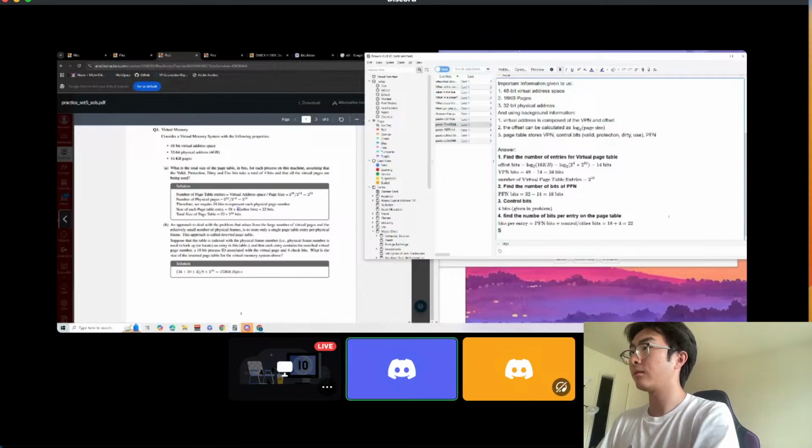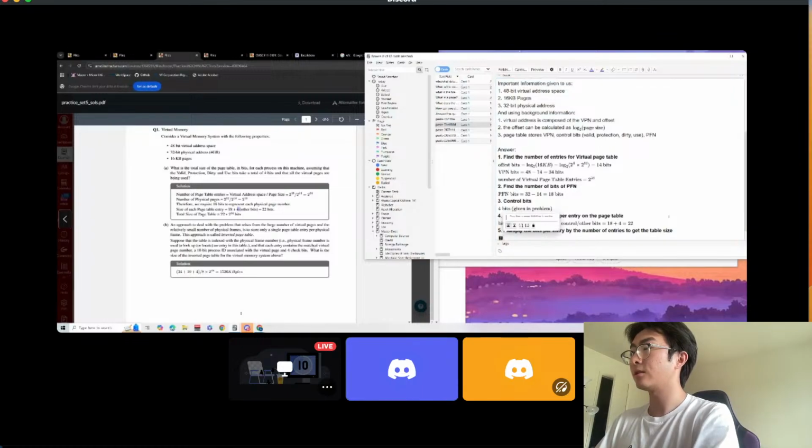Okay, and then finally we multiply the bits per entry by the number of entries to get the table size.